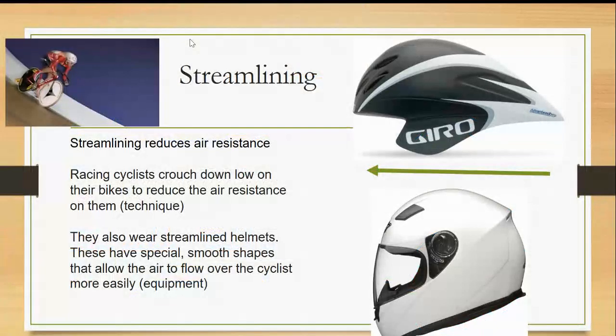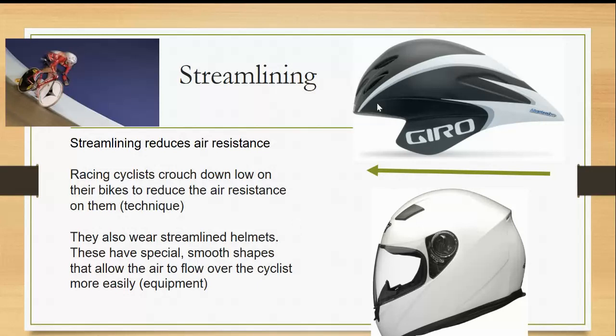Okay, and you can see these helmets, another piece of equipment in order to decrease drag. A racing cyclist would wear this top hat, they wouldn't wear this motorbike helmet down the bottom, simply because if they're moving from right to left, they're moving in the direction of this arrow. Air resistance is always going the opposite direction, so it's going from left to right.